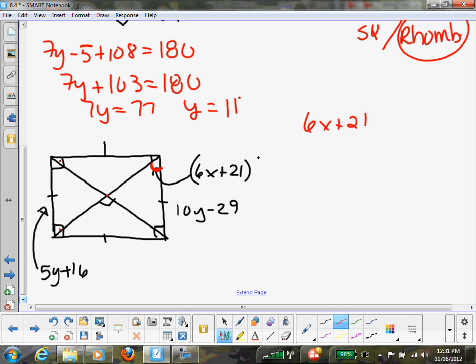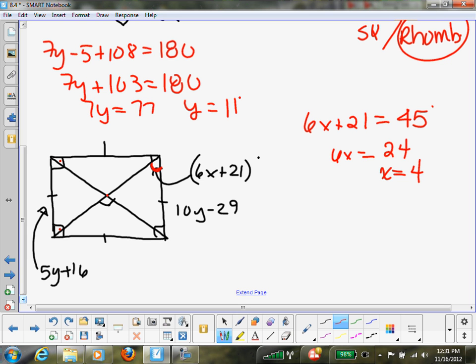Well, 6x plus 21. If this is a square, what do we know about both of these? So then, therefore, what does this equal? 45, right? Because a diagonal bisects the angles in a square. So that's why you've got to look at the picture. Okay? That leaves you with 6x is equal to what? 20. So x is equal to... The y's are easy, correct?